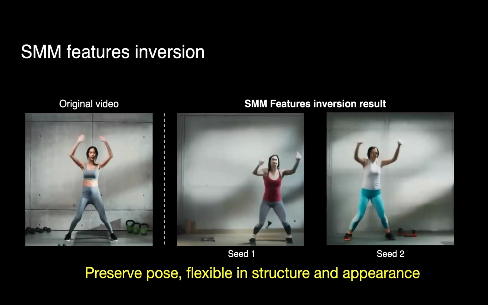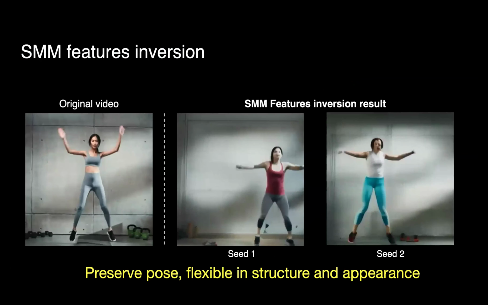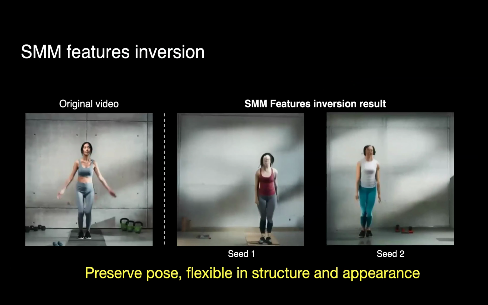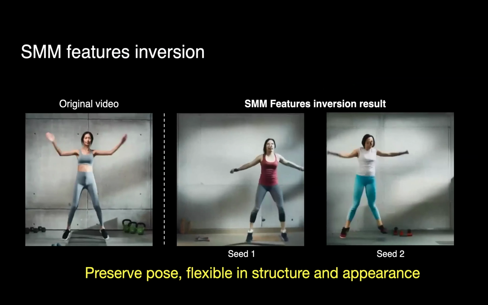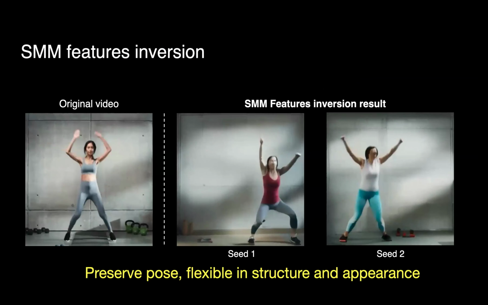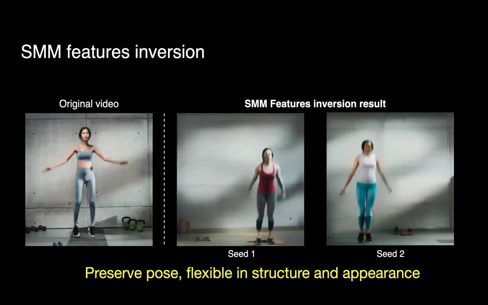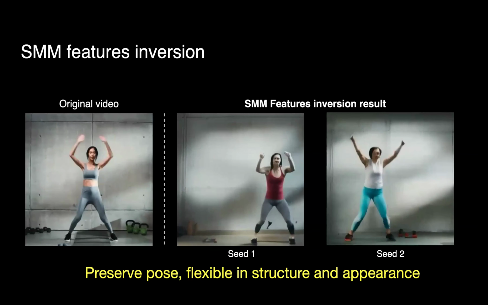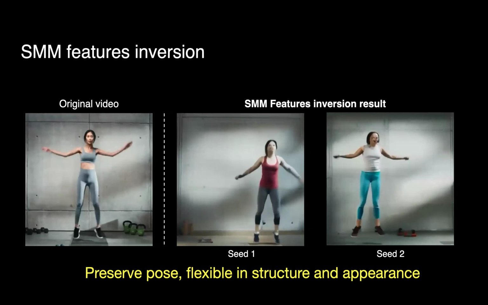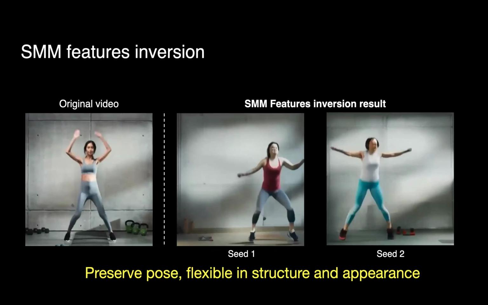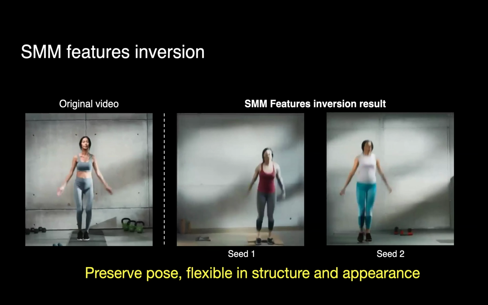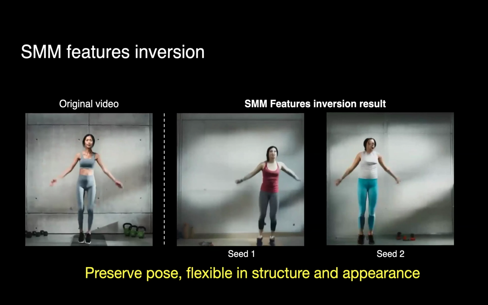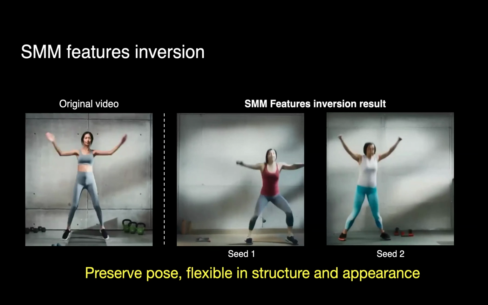And as you can see, now we're able to preserve the pose while being flexible in structure and appearance. So we are on the right track to getting our desired descriptor. And this was quite surprising because we collapsed all the spatial information, but were still able to get a pretty accurate pose out of it. But you should remember that those features lie in a high dimensional space, so they can still capture this information even after this averaging.